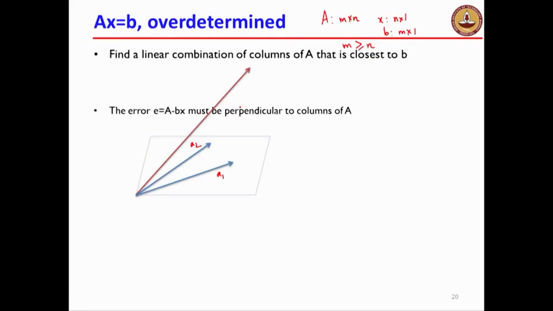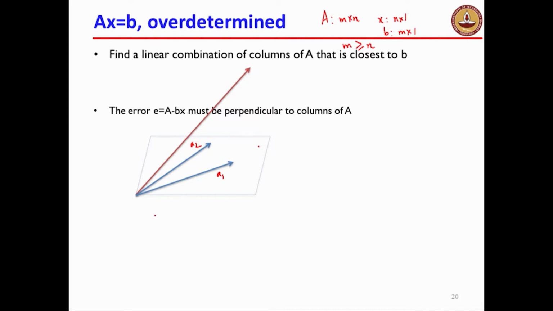It's not a plane, but you can think of it like one, because I can only draw certain things in two dimensions. I've drawn it to represent a plane, but the same intuition holds good. If I take a combination of columns of A, I'm going to remain in this subspace. I'm going to get a point over here. I'm trying to find a point or a vector formed by the combination of columns such that it is as close as possible to this vector B.